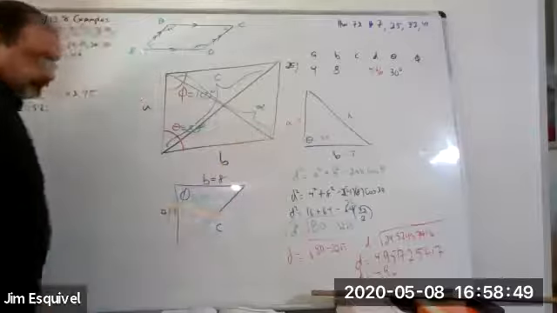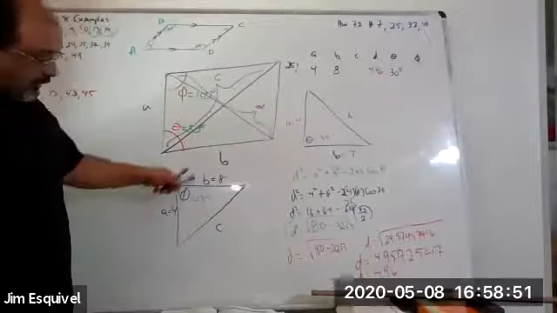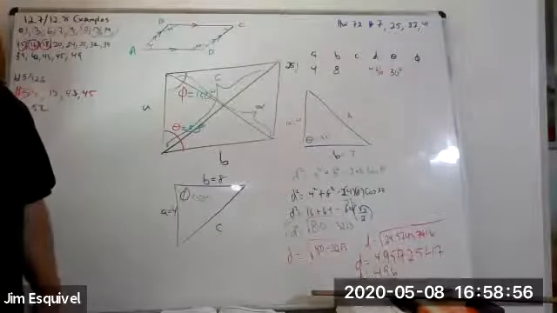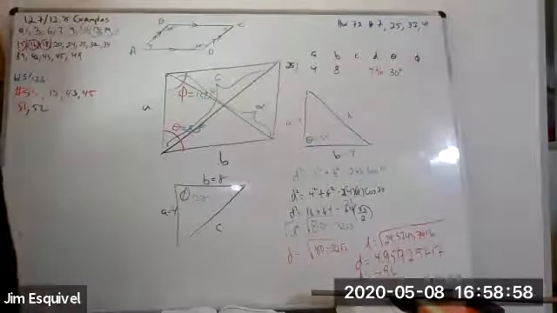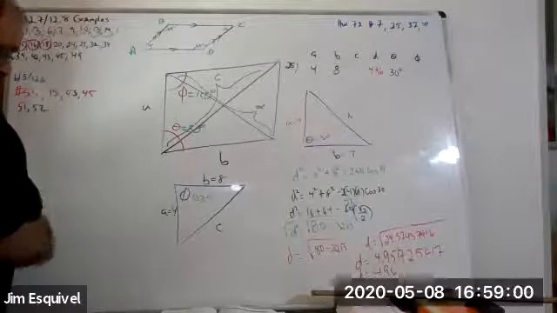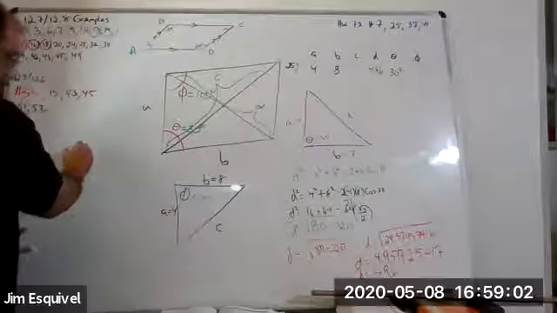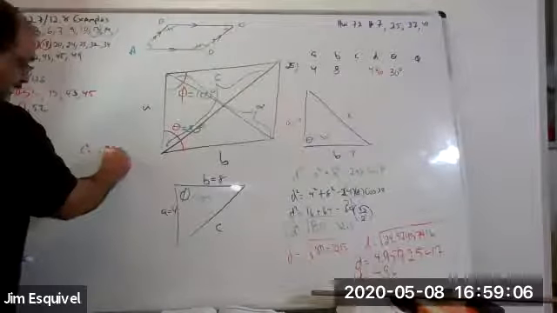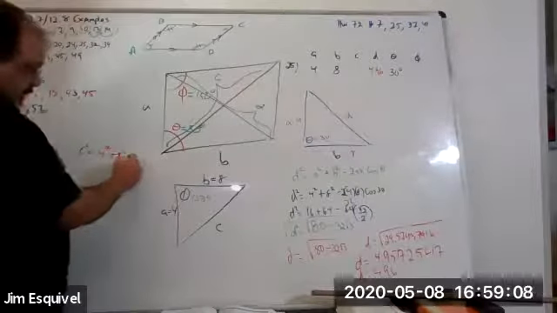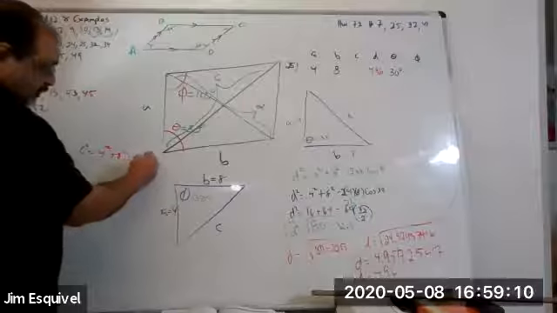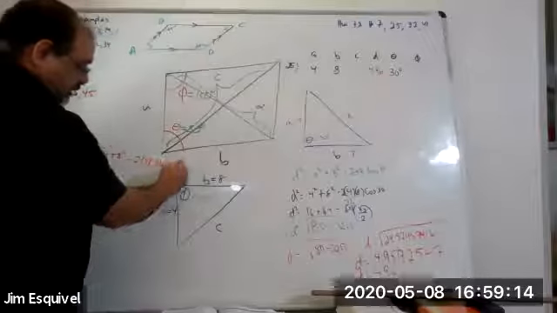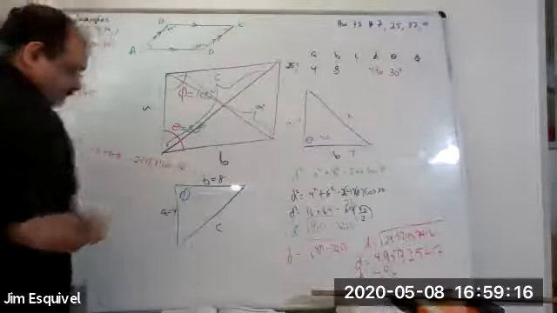There we go. And now we can do law of cosines for side C. So C squared is equal to 4 squared plus 8 squared minus 2 times 4 times 8 times the cosine of 150 degrees.